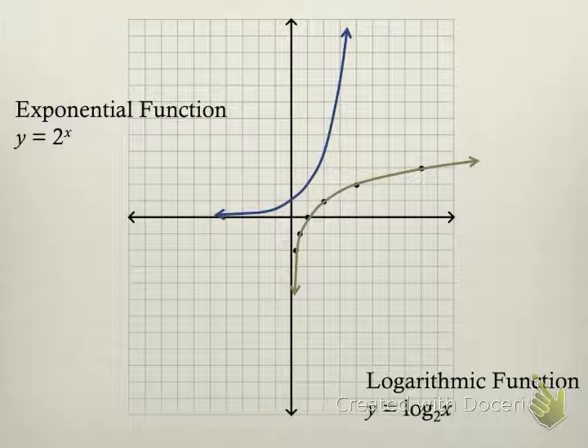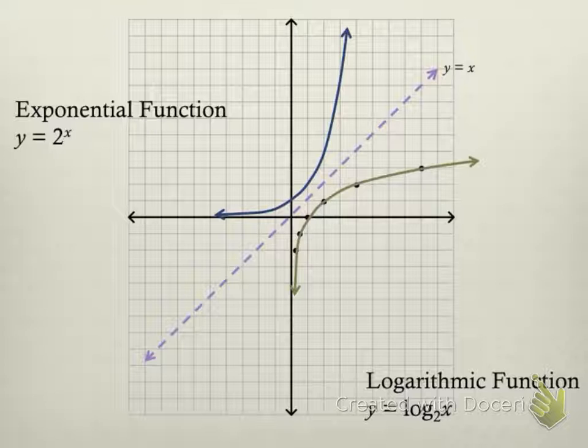Now, if you remember in previous classes when we've talked about inverse functions, not only could we identify an inverse function by switching the x and y around, but we could also identify it graphically by whether it reflected through the y equals x line. So this purple dotted line is our y equals x line.